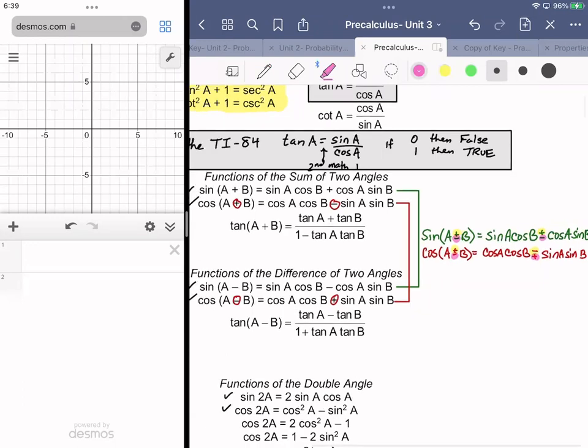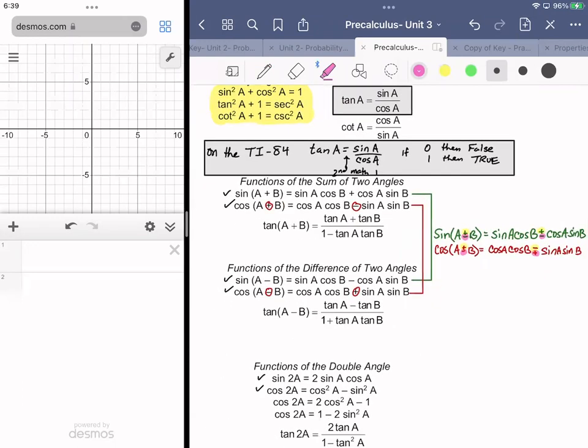So we're able to take four rules and make them into two unique rules.